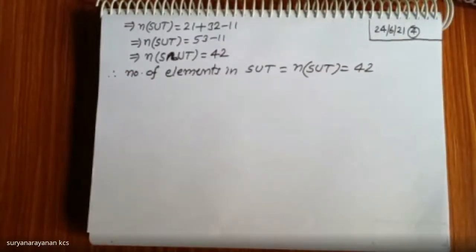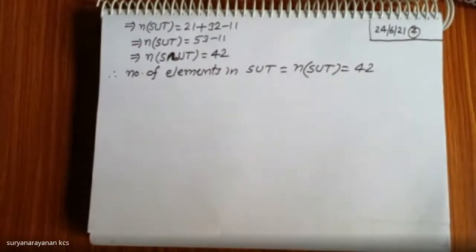You must learn this formula: N of A union B is equal to N of A plus N of B minus N of A intersection B. Now, come to this point. In this exercise 1.6, we have completed 4 questions so far. Yes or no, my children?